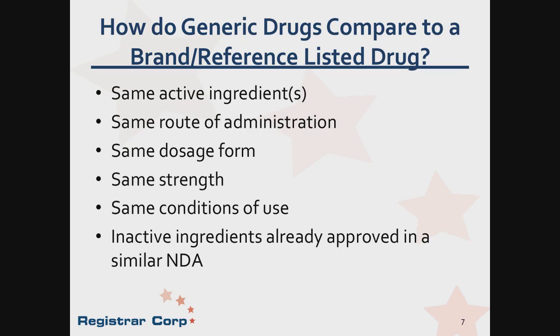A generic drug is a drug product that has been approved under an abbreviated new drug application that is comparable in dosage form, strength, route of administration, quality, performance characteristics, and intended use to a brand or reference listed drug product that's been approved under a new drug application. These are the drugs on the market that typically cost less to the patient versus a brand name drug.